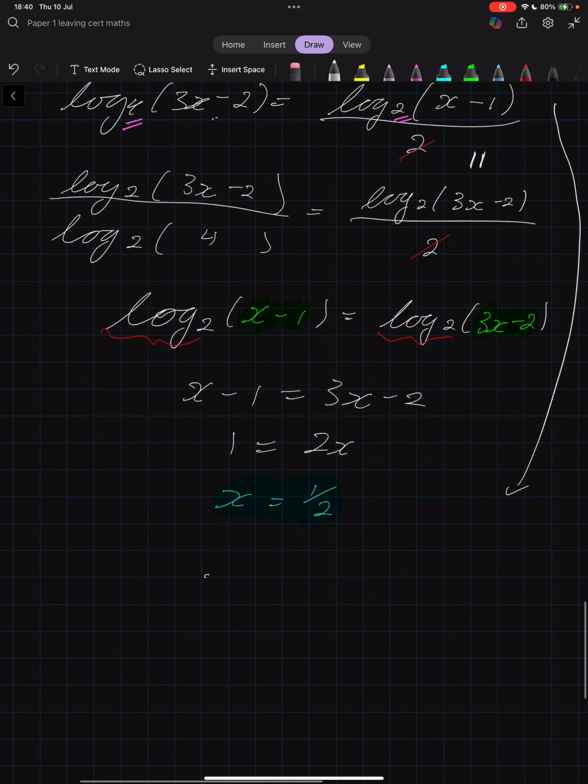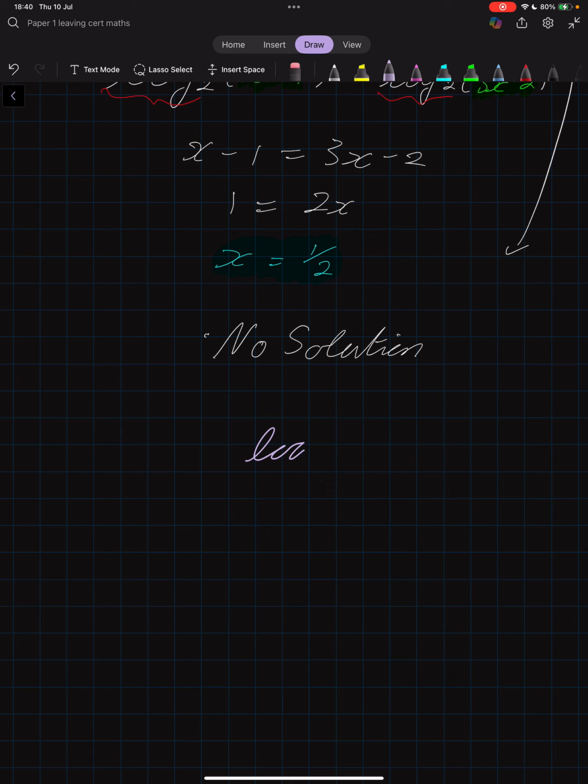Okay. Now I'm just going to briefly explain why that is. The reason is because if I plug in a half into here and here, the number that I get will be less than 0. Log to the base 2 of something that is less than 0 makes no sense.